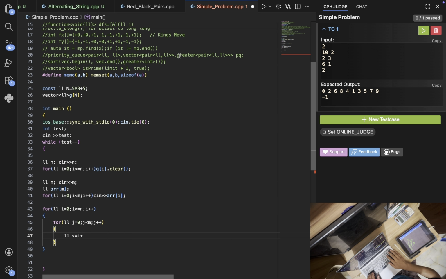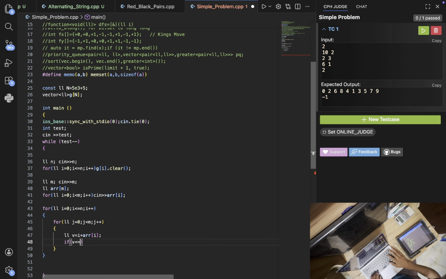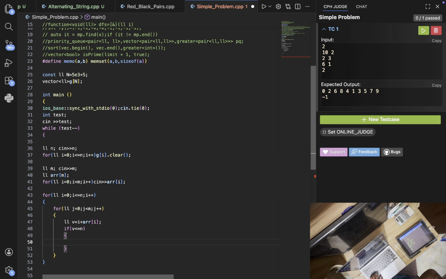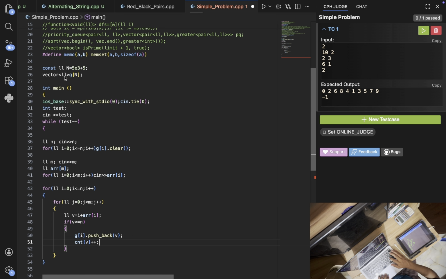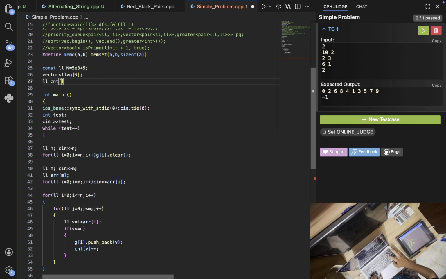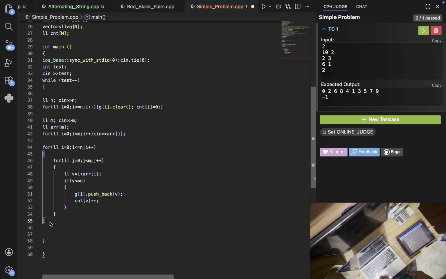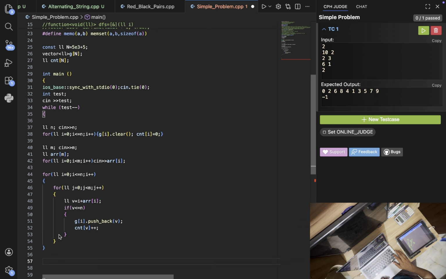Maybe not, but let's give it a try. Why is it showing an error?